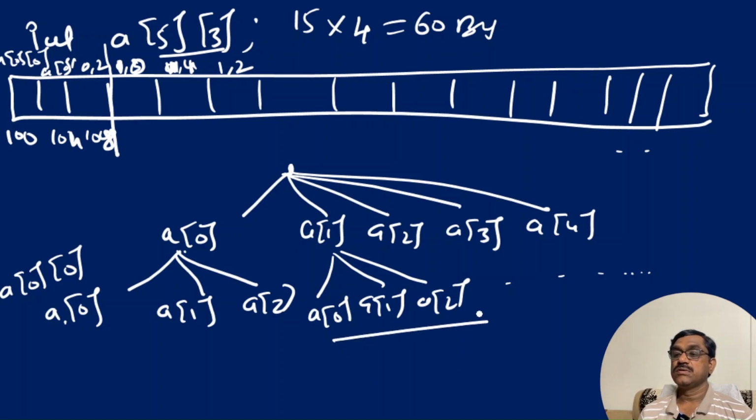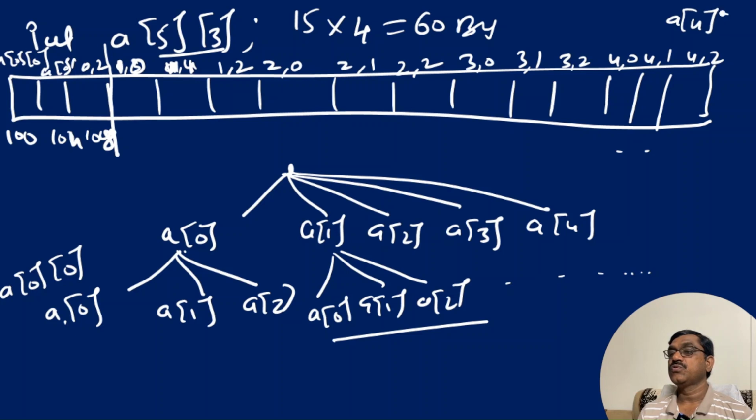Now next, after a of 1 2, we have to write 2 0, 2 1, 2 2, 3 0, 3 1, 3 2, 4 0, 4 1, 4 2. 4 2 in the sense we write it as a of 4 2. These are the subscripts by which we can access the elements.